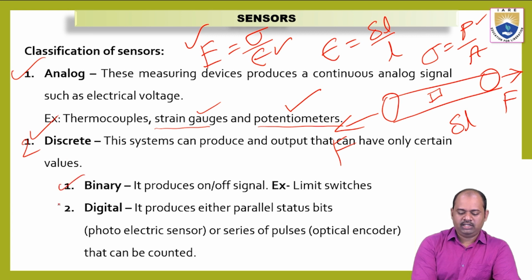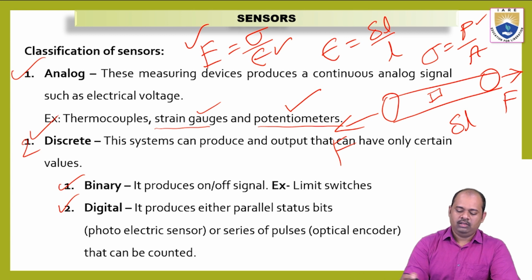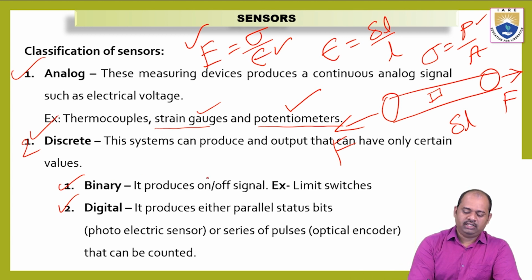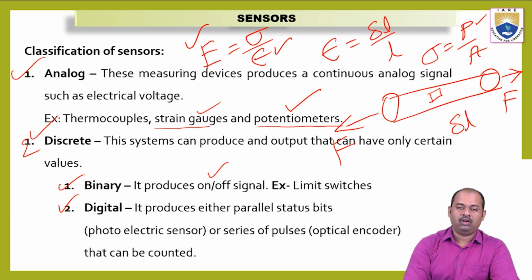The first one is binary and the second one is digital. The binary sensor produces an on or off signal. With the help of this binary sensor, we can give two types of signals, whether we can close the circuit or we can break the circuit, on or off signals. And the best example for this is limit switches.